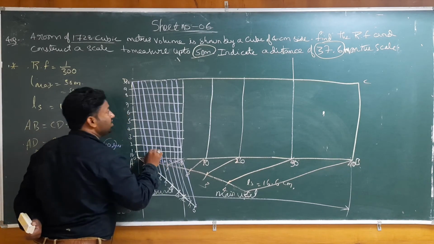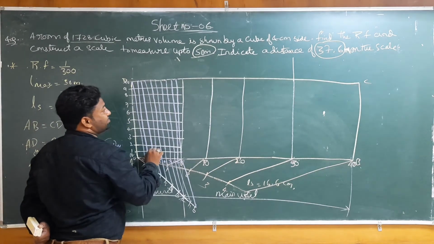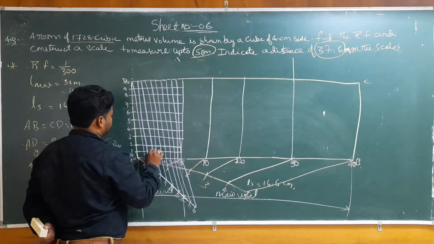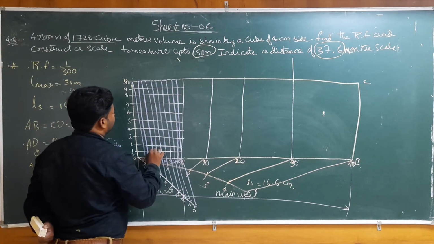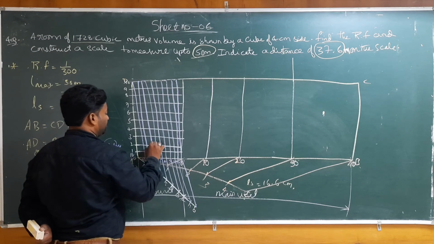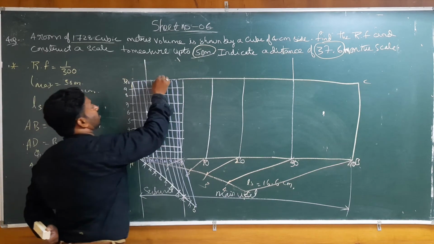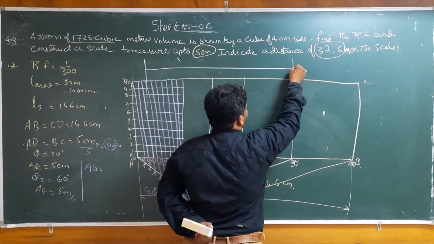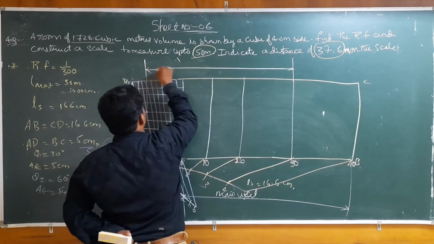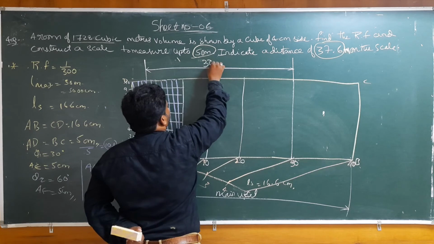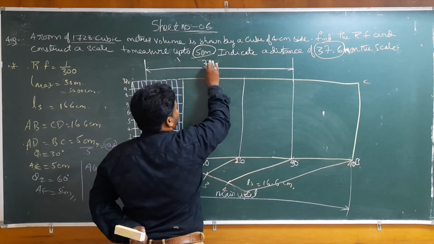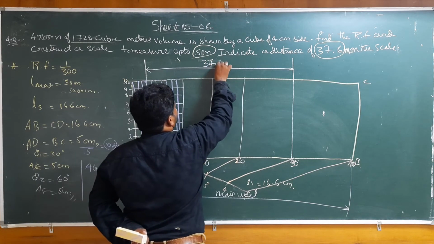On this 7th line, wherever the 6th parallel line coincides with this one, 1, 2, 3, 4, 5, 6, this is my point. This is the value which I have to mark, and this is my final answer, that is 37.6 meters.